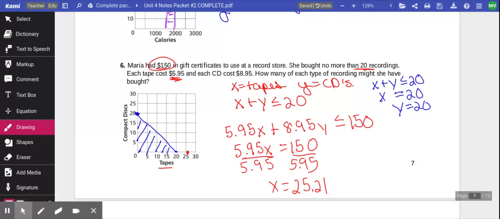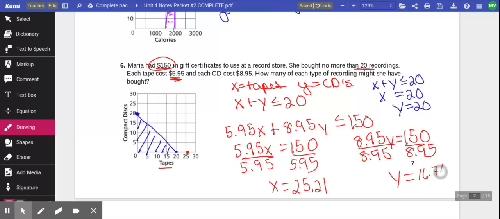Find the y-intercept, I make x be 0. So that's 8.95y equals 150. Divide both by 8.95. And I get 16.76, but I'm rounding. So I get that as my y-intercept.